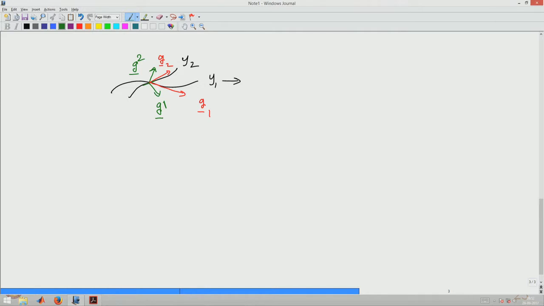So, one of these sets of vectors are tangent vectors, and the other set of vectors are reciprocal vectors.